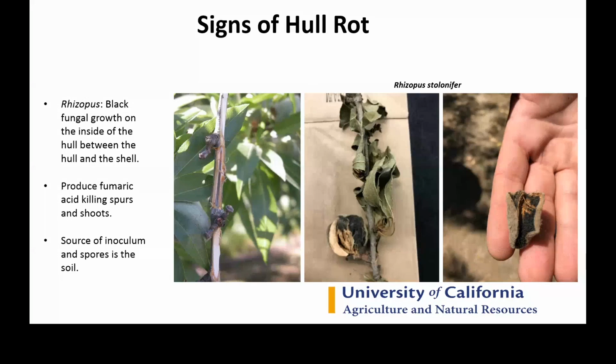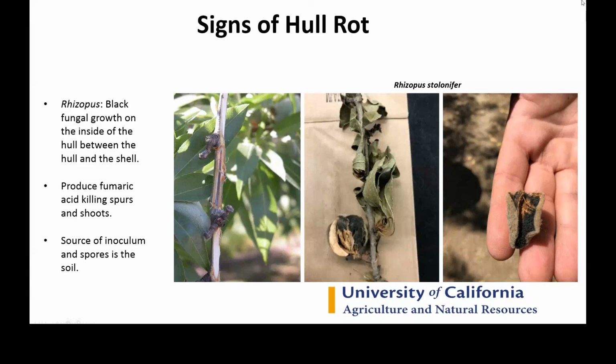When it's producing the fumaric acid, and you come and remove the bark, as you can see here, you will see a black streaking, and that is due to the movement of the fumaric acid and killing the shoot.